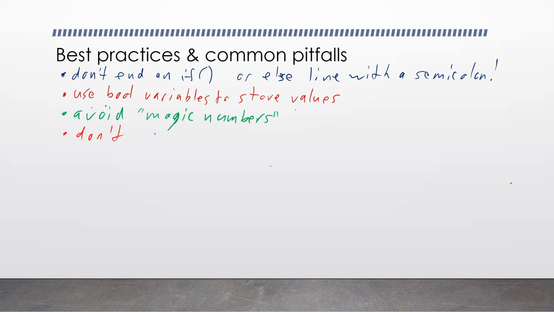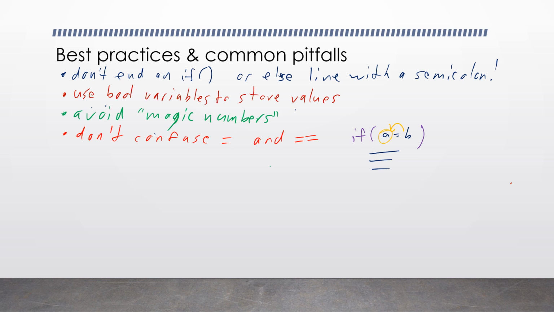Don't confuse equal and double equal. C++ will actually compile fine if you say if A equals B, blah, blah, blah. That will compile. What will happen when it gets to this is it will assign the value of B to A, and then it will treat A as a Boolean variable.